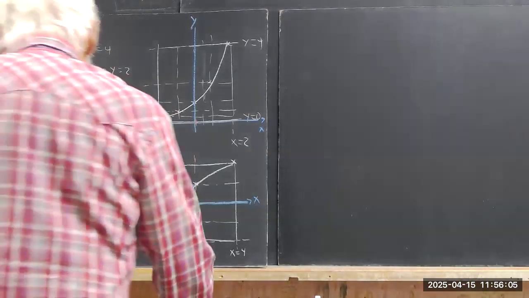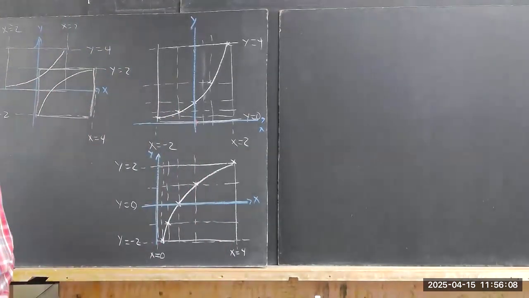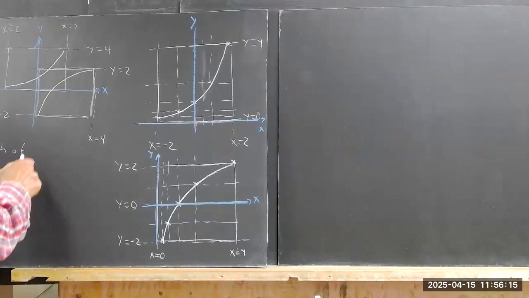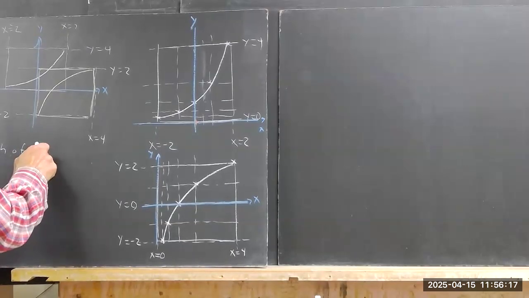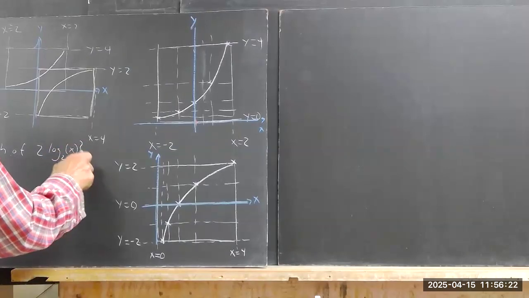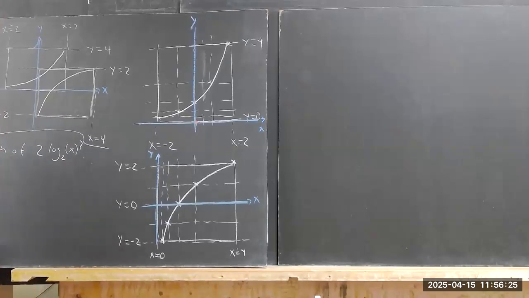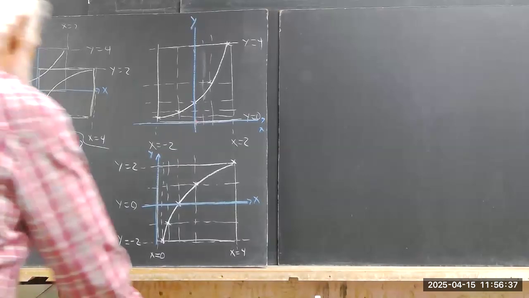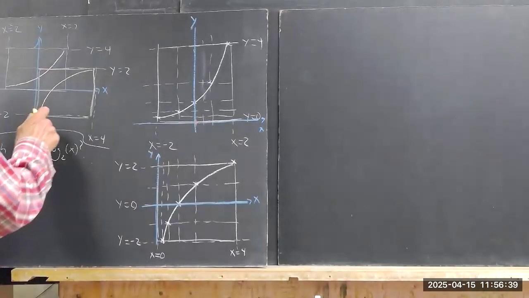Now what I want to do is I want to say, okay, now where's the graph of two times log base 2 of x? What would you do to construct a graph of two log 2 of x? Well, you would take the points of this graph.